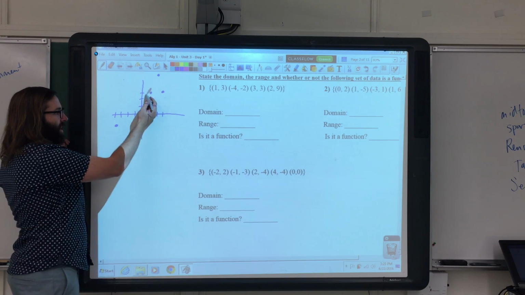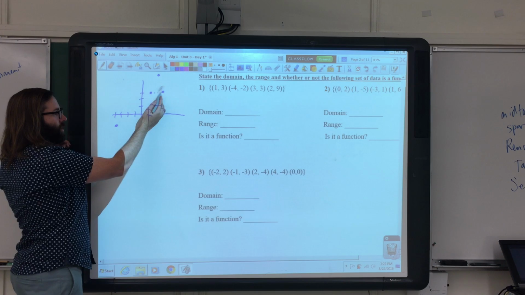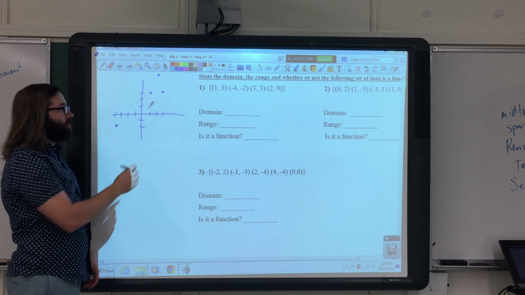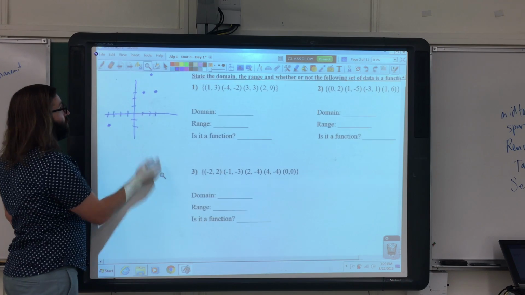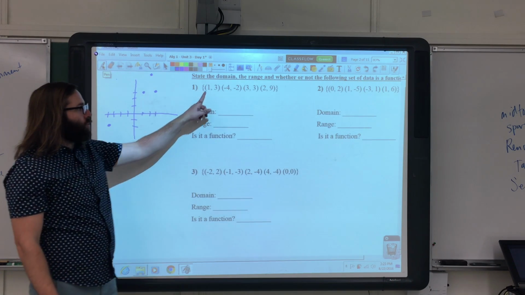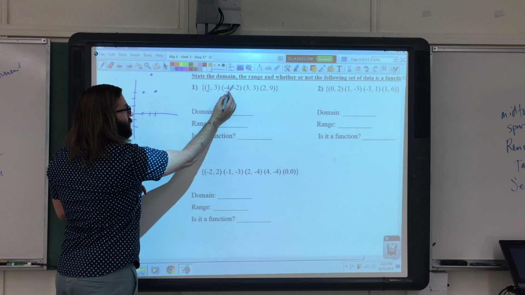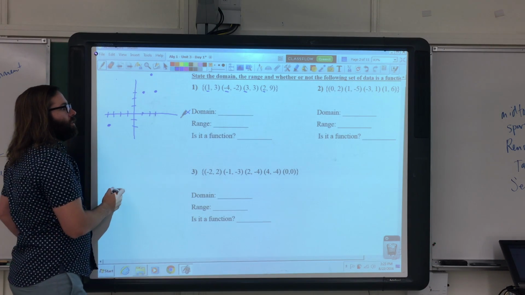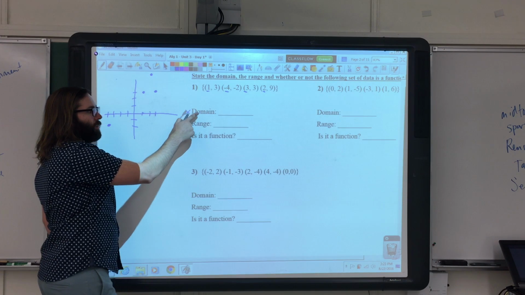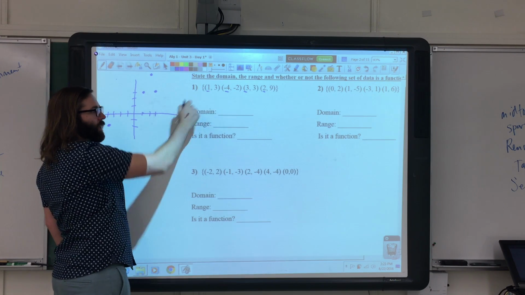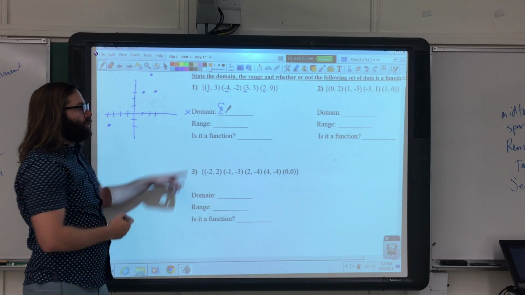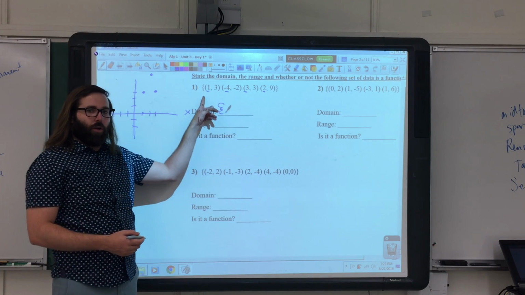So we can't have any x values in between here, in between here. Okay, it's only these specific points. So if we're talking about domain, it can only be these specific x's. Remember, domain is x. So how we list the domain for these types of problems is you start with your curly bracket, and you list all the x values from smallest to largest.